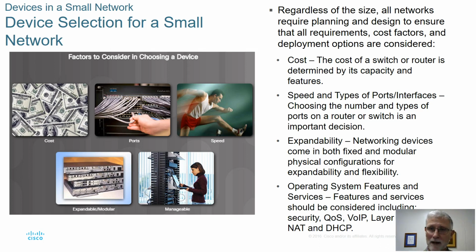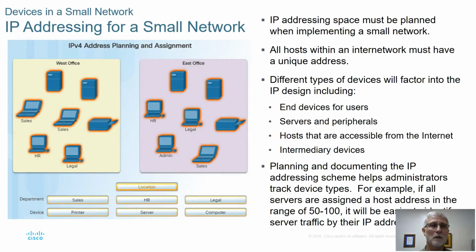We've talked about fiber. All of this stuff is things you need to consider as far as the type of device you're going to buy. How much do you think the business is going to grow? How many additional ports or devices do I need to handle this? And then also some of the features that would be there. Do you need quality of service, voice over IP, layer 3 switching, DHCP?